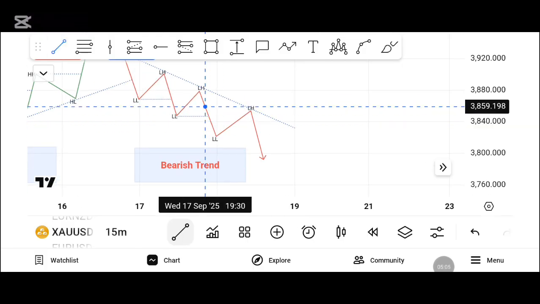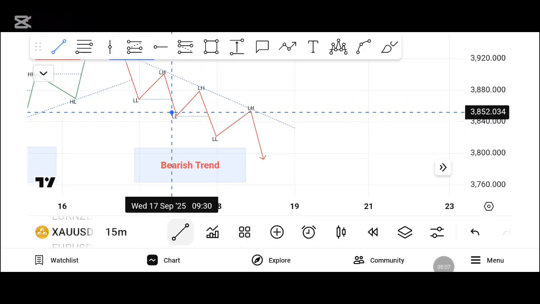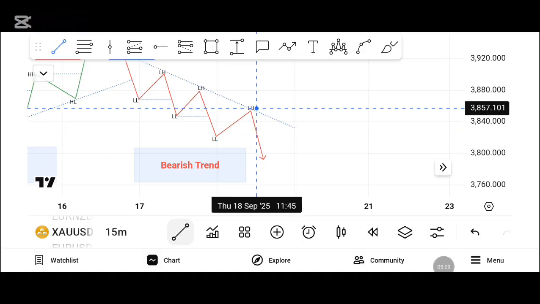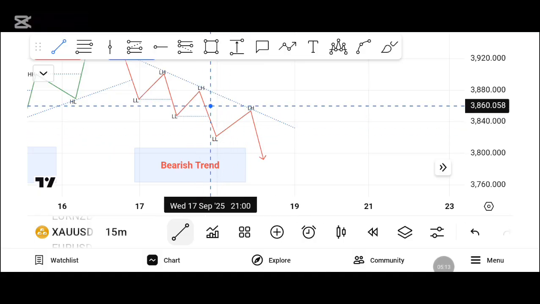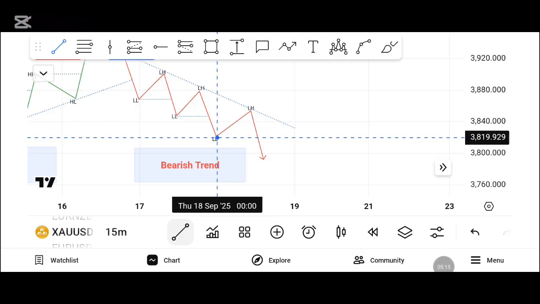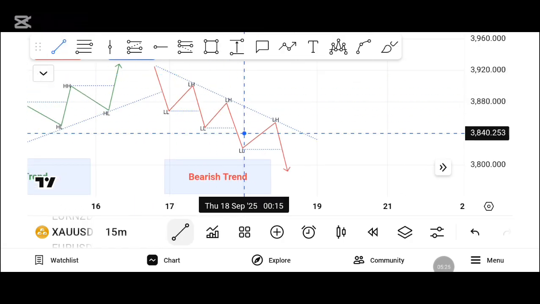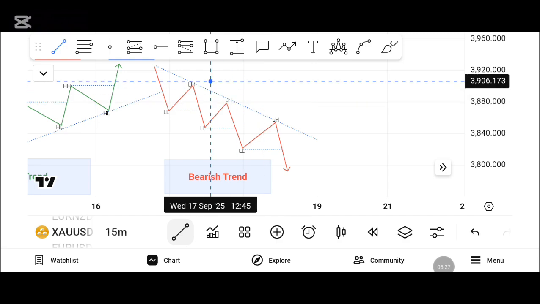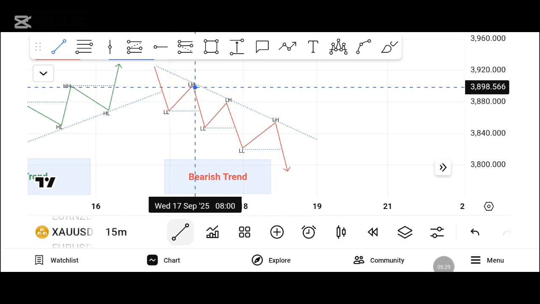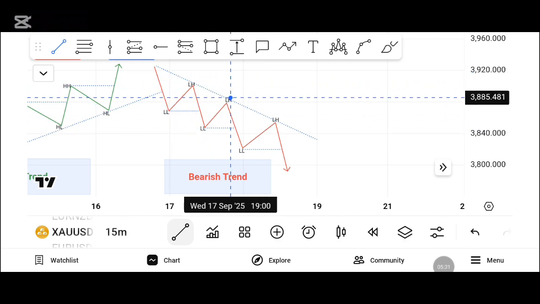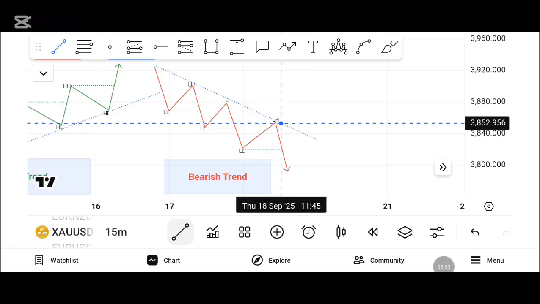After the break of this low here, price retraces higher to mitigate an order flow here and pushes to break this low. So we tend to have what? A bearish trend here. This is a bearish trend because we're having a lower low, lower high, lower low, lower high, lower low, lower high, lower low.